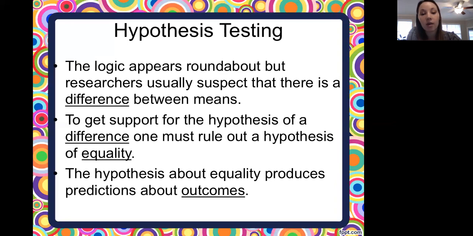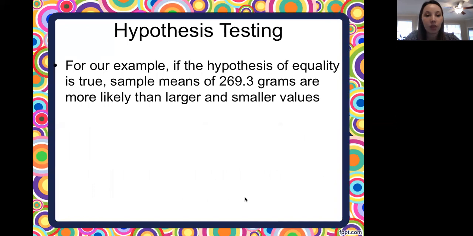The hypothesis of equality produces predictions about outcomes. So this part is getting to our sampling distribution. We use our t-test in order to determine the results about the hypothesis of equality, whether or not we should rule it out, basically. So for our book example, if the hypothesis of equality is true, that means that sample means of 269.3 grams are more likely than larger or smaller values.